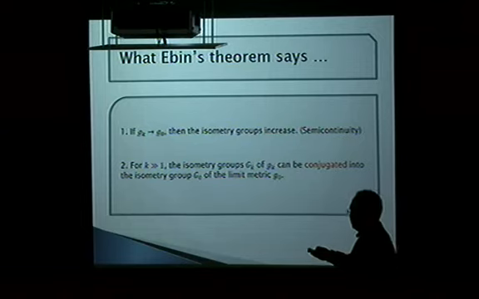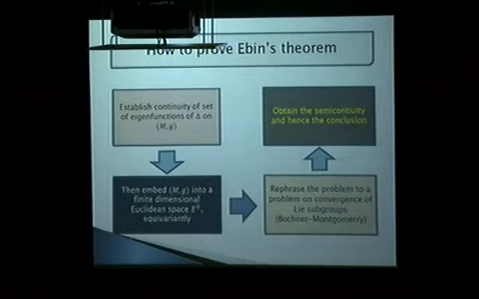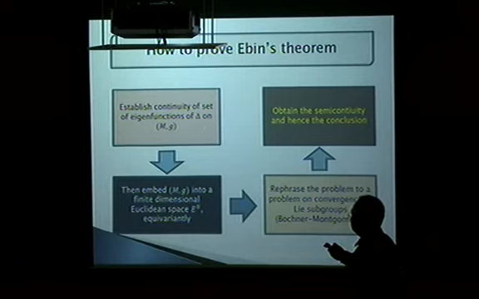In case when k is pretty big, then in the tail part, the isometry groups can be conjugated so that they can be realized as an actual subgroup of the target group. That's what Ebin's theorem says. Now I'm going to discuss how to prove this. Here's the proof, which is known.